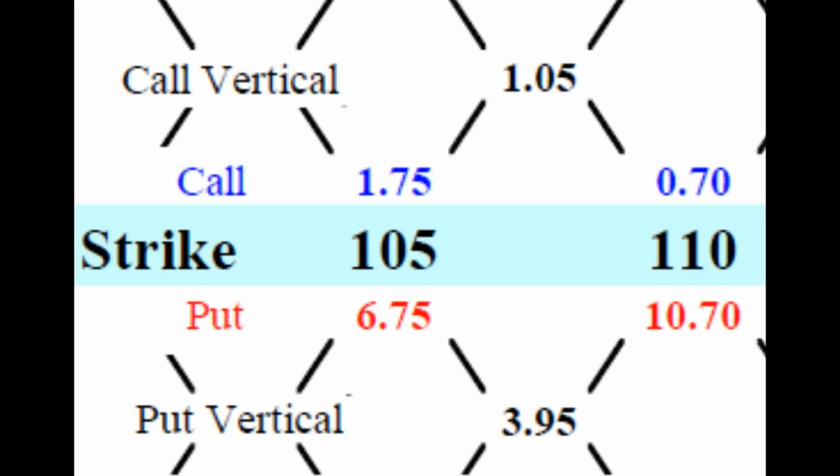Okay. Will the 105 calls and 110 calls be in or out of the money? It's out of the money. Both are out of the money. Both are worthless, right? Will the 105s be worth anything if they're out of the money? If we're trading at 100 by expiration? The answer is no. Will the 110s be worth anything? No. They're both out of the money.